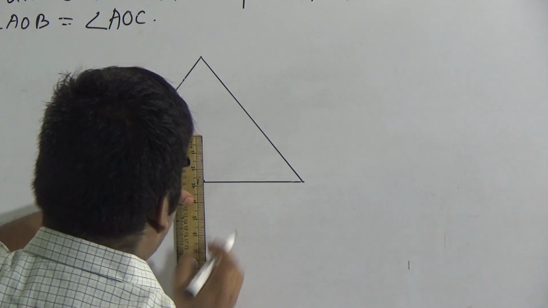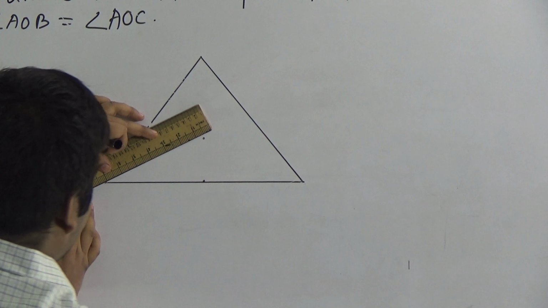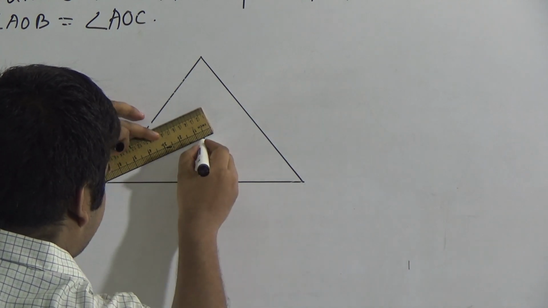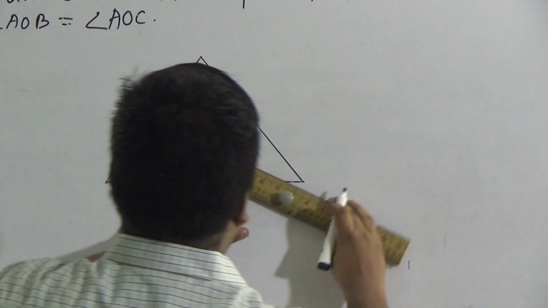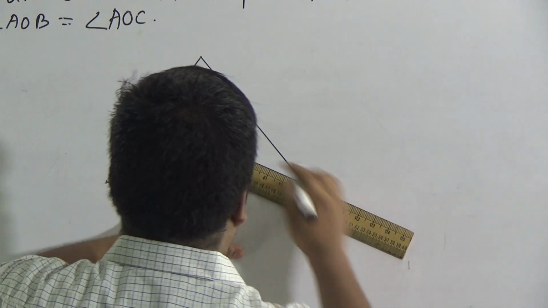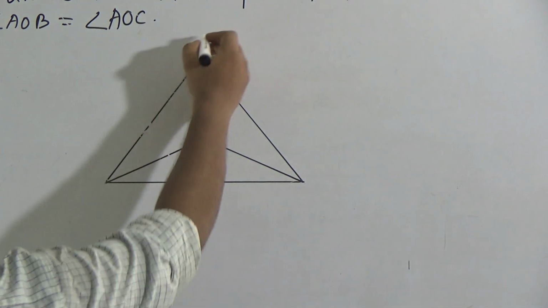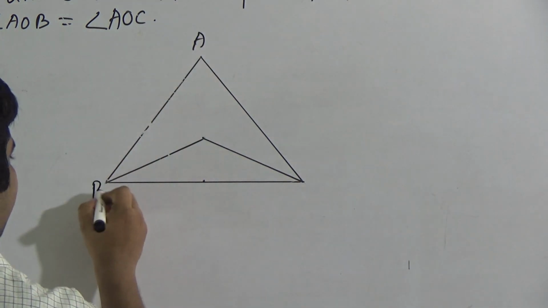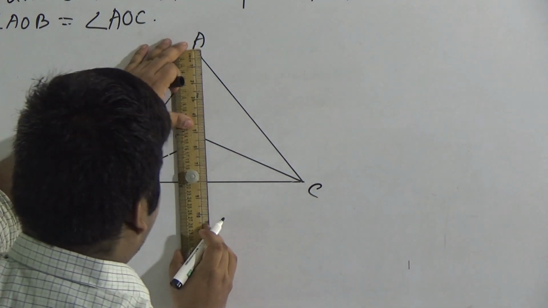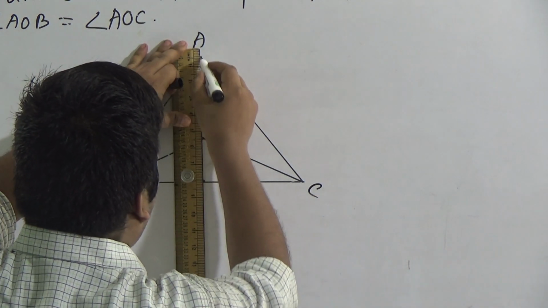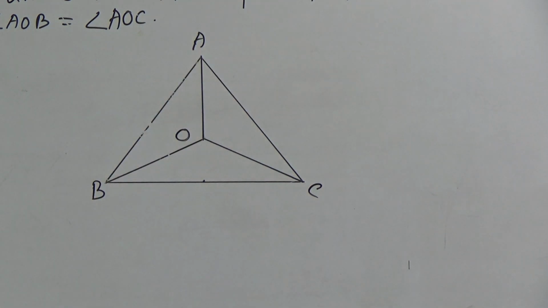We take an interior point, then we add. Okay, the name of the triangle is A, B and C, and O is the interior point. Again we add A, O. Okay, I hope you have understood.